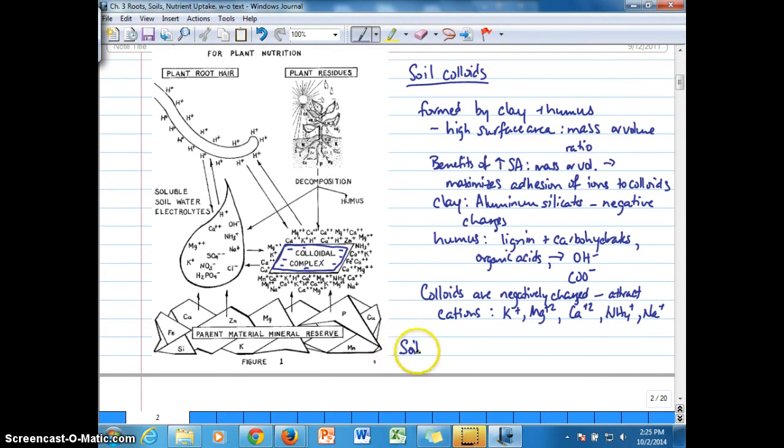They're that longer term storage compared to being in the soil solution. So colloids are the primary nutrient reserve.